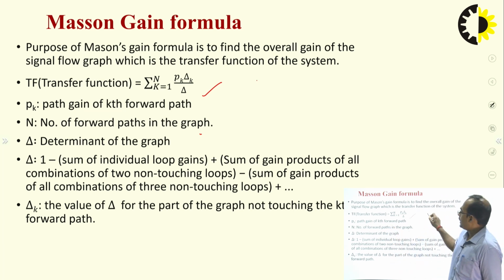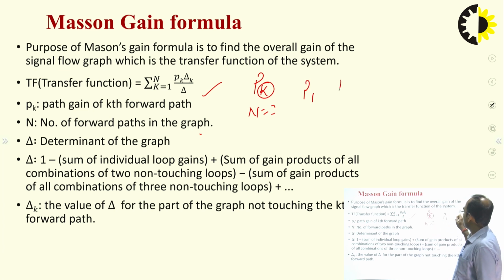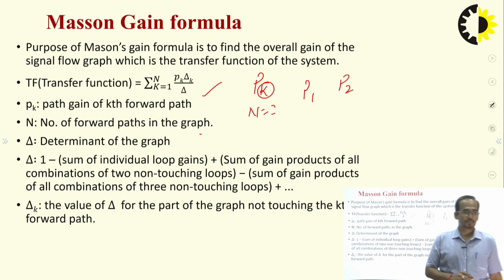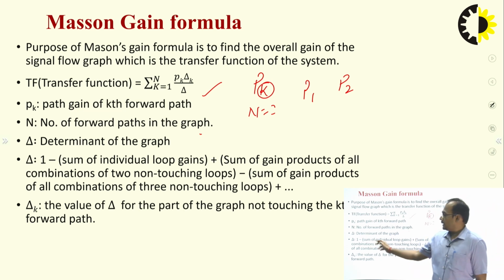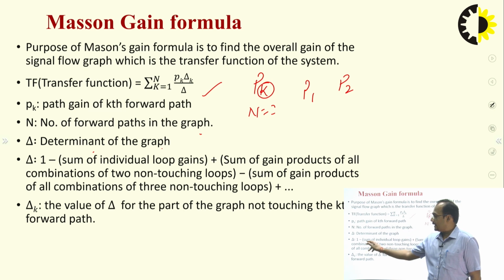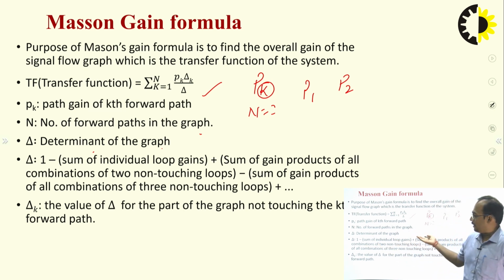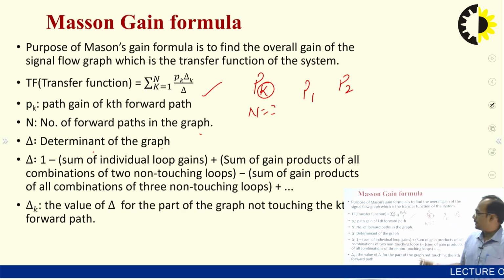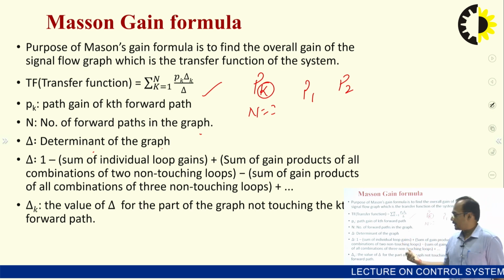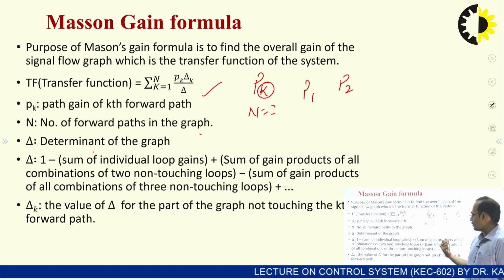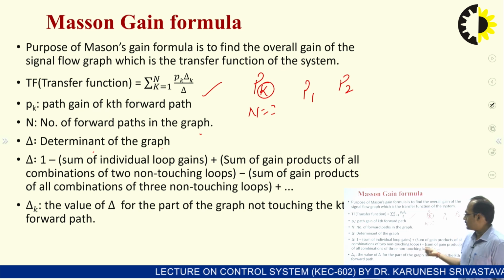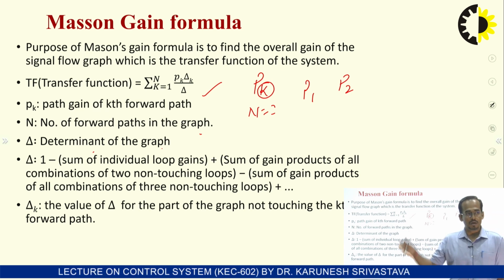Here k varies from 1 to n. If n is equal to 2, then how many paths will be there? P1 and P2. Delta is the determinant of the graph, and it is equal to 1 minus the sum of all individual loop gains, plus the sum of gain products of all combinations of 2 non-touching loops, minus the sum of gain products of all combinations of 3 non-touching loops, and so on.